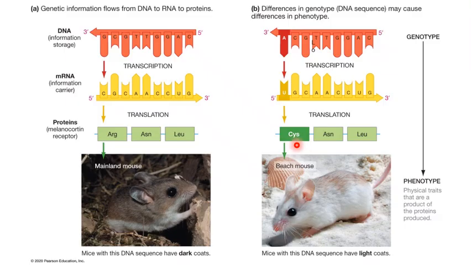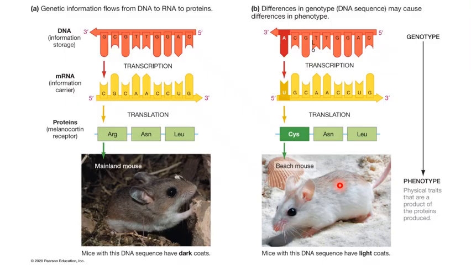And when you have a cysteine here in the melanocortin receptor, it actually breaks the protein. So that's why this mouse is so pale. The melanocortin receptor is working really badly, so it's not able to build up pigment in the fur of the mouse.